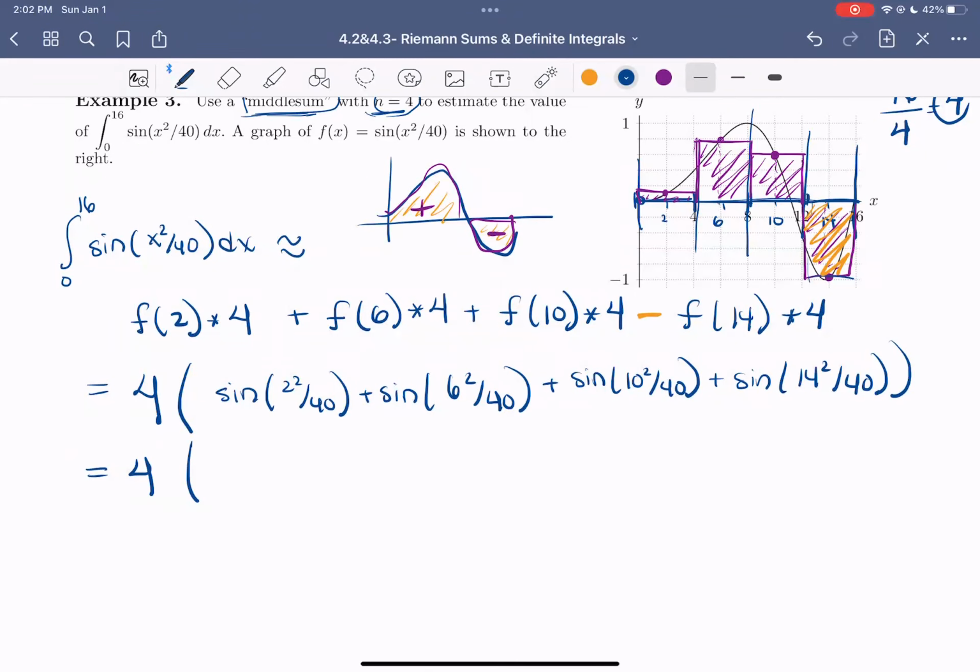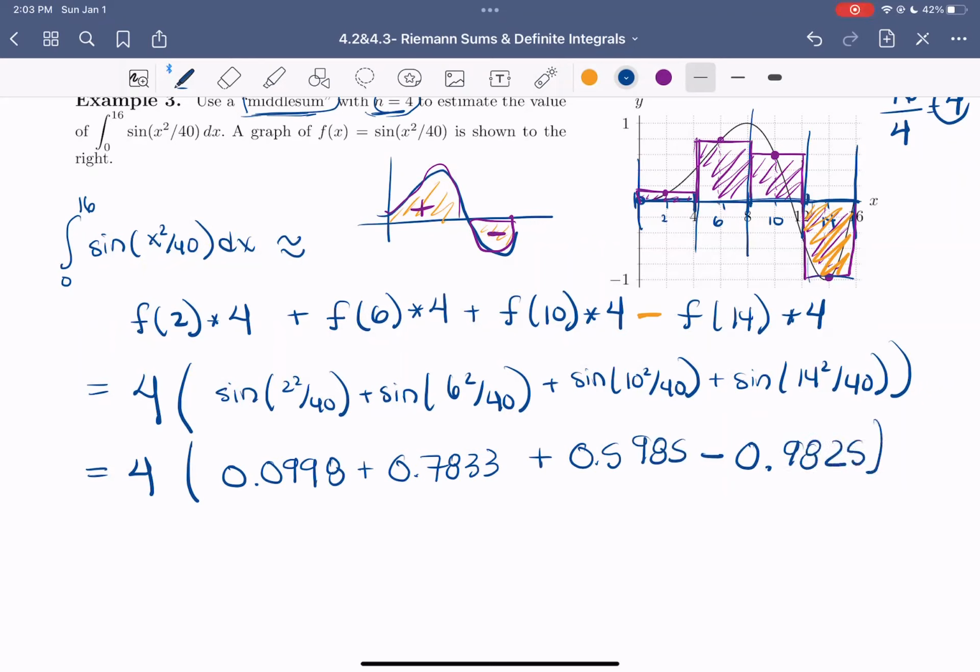Here we're getting 0.0998. The next term, sine of x squared over 40, we're getting 0.7833 plus 0.5985 minus 0.9825. I just want to step back a little bit: f of 14 is a negative value already, so I actually didn't have to include the negative.